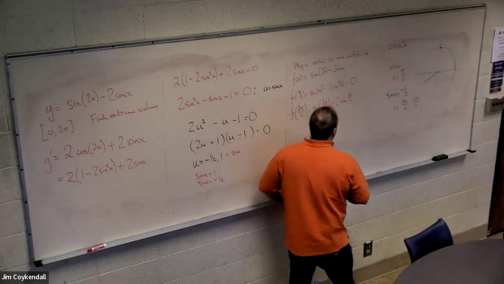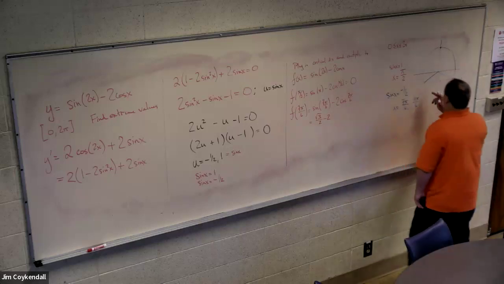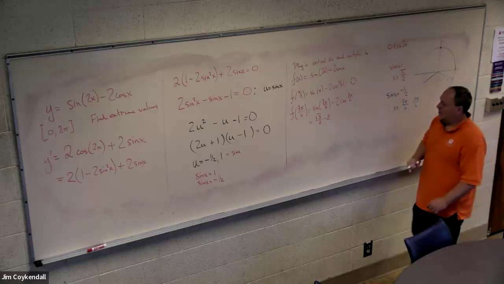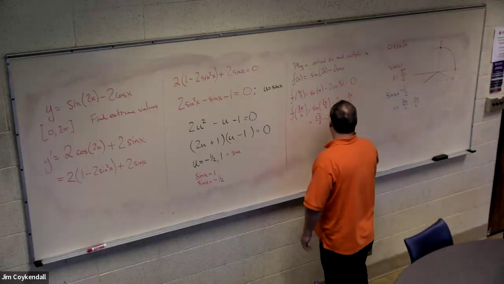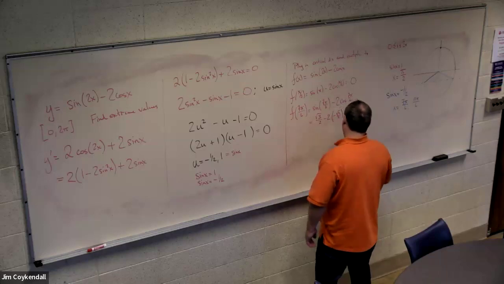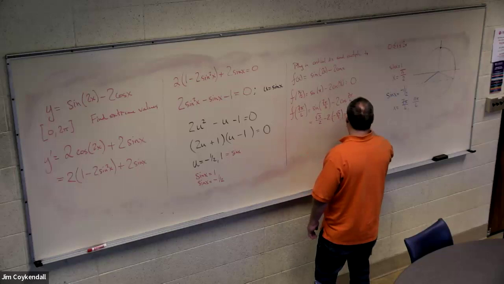Minus 2 times cosine of 7 pi over 6, what's the x coordinate of this? I guess it's minus root 3 over 2. Which I guess comes to 3 root 3 over 2.